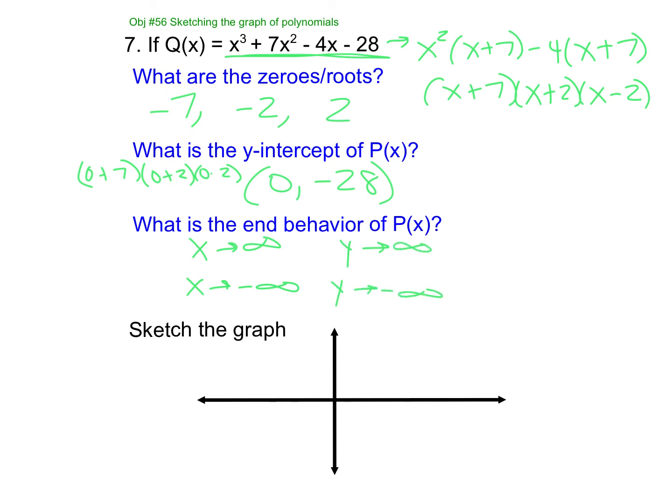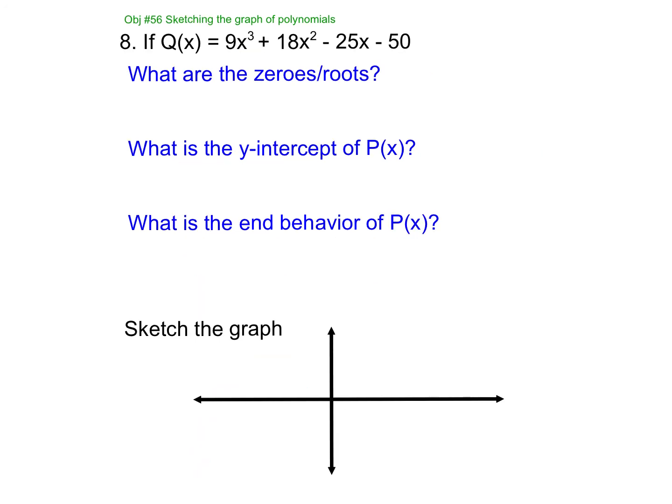Right, so when I plug in positives, 3 positives gives me a positive, 3 negatives gives me a negative. Okay. So let's see, we get negative 7, negative 2, 2. Starts low, comes up. That's it.